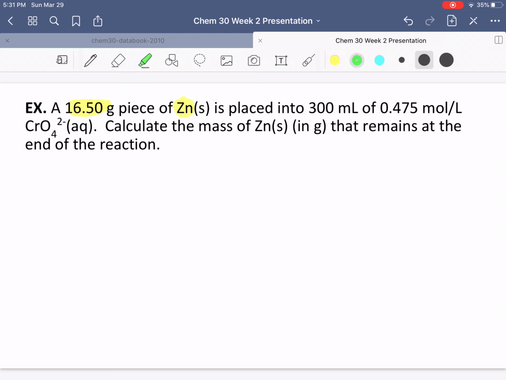Then we keep going. I have 300 mL of this concentration of chromate. So green goes with green. I've got a volume and a concentration of my chromate. The whole purpose of the question, and here's where things get a little bit sticky: calculate the mass of zinc that remains at the end of the reaction.